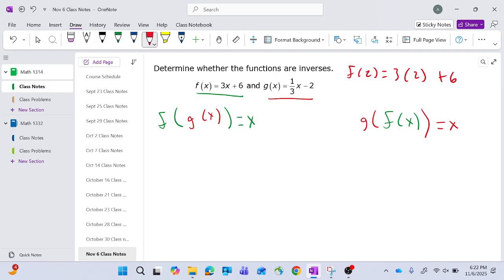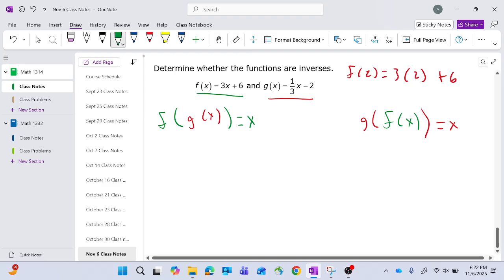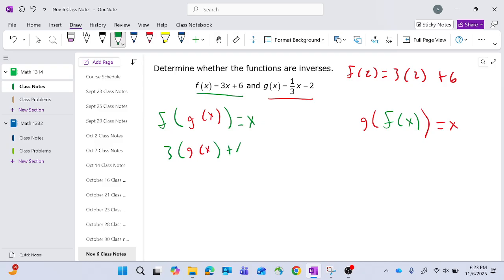But it's the same thing. You're going to take f of x, which is 3x plus 6, but instead of x, you're replacing it with g of x, plus 6. Right? Instead of 3x plus 6, it's now 3g of x plus 6. The same way f of 2 is now 3 of 2 plus 6.